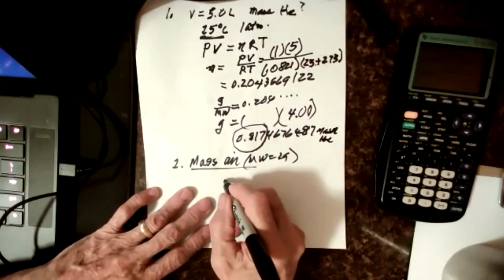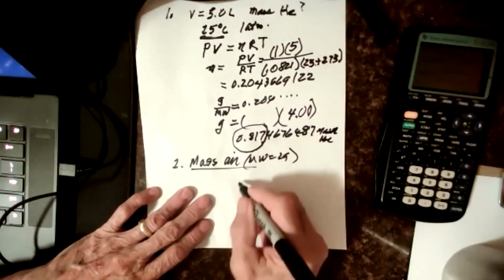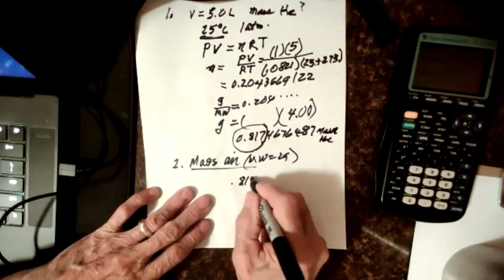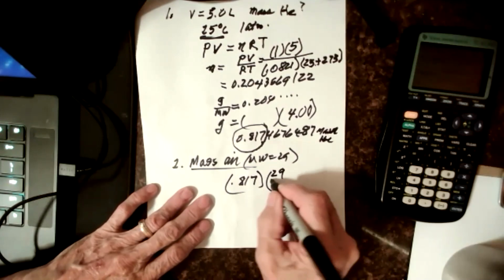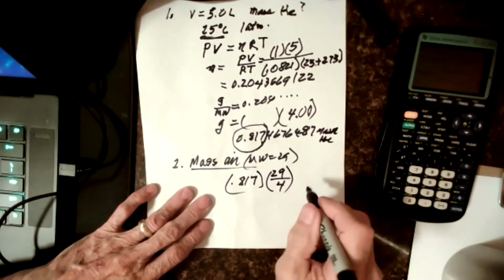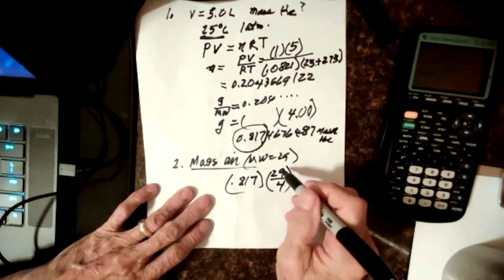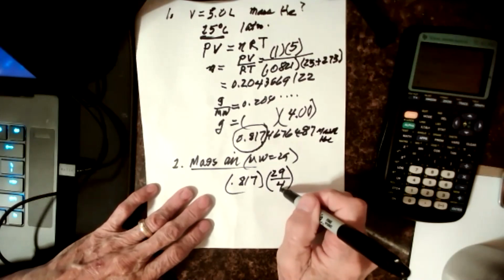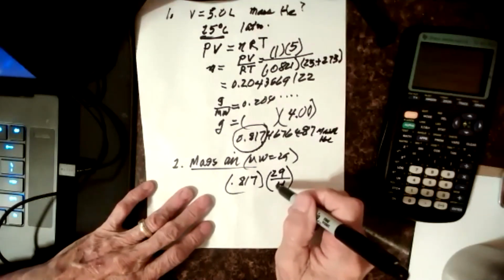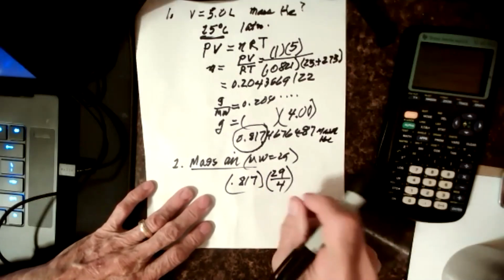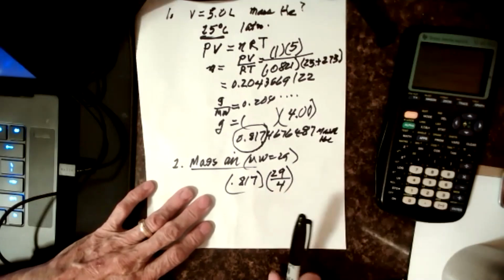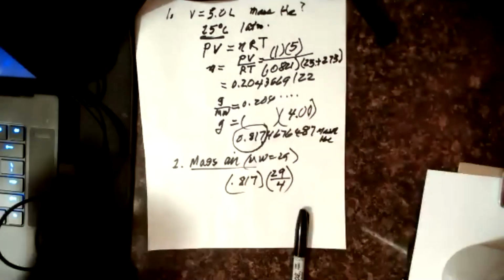So all I got to do really is take my answer here, 0.817, and multiply it by 29 divided by 4. That's why I said it was an easy problem. That's the molecular weight of air, and that's the molecular weight of helium. So the mass is going to increase in the same proportion. So if we did that, that'll get the quick answer.